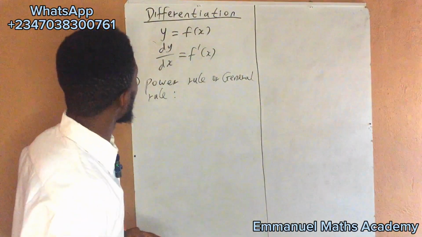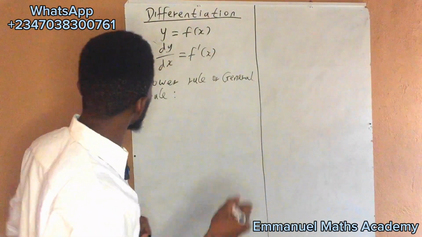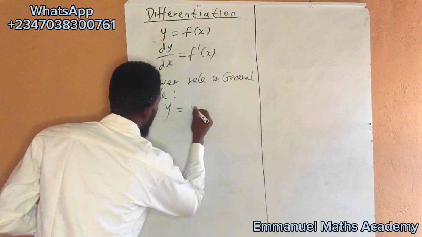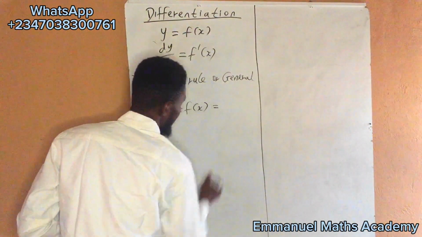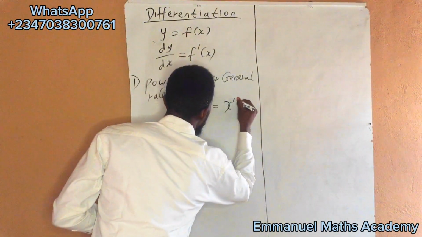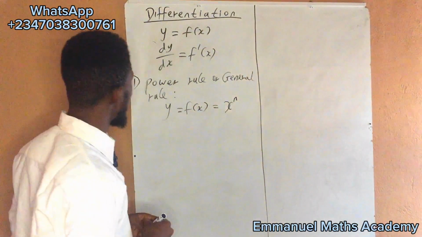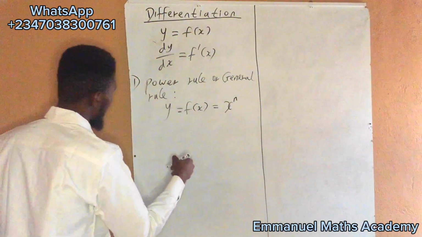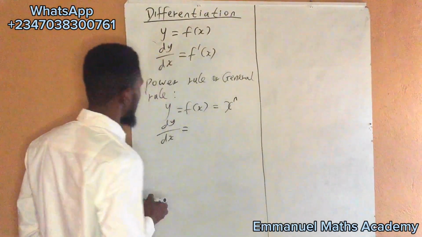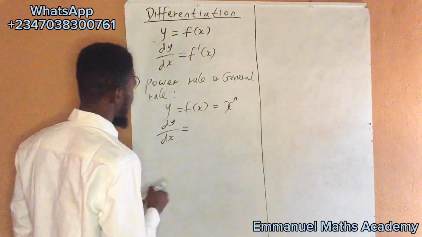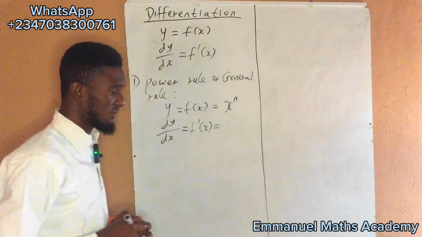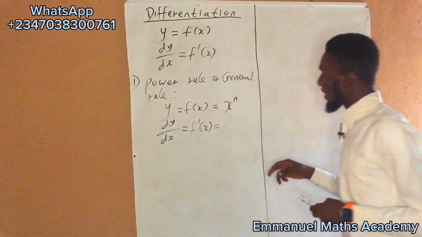This simply means if you are given a variable y expressed as a function of x to be equal to x to the power n, then the dy/dx, which is equal to what? f prime of x. f prime of x is equal to, now listen, look at what you do here.